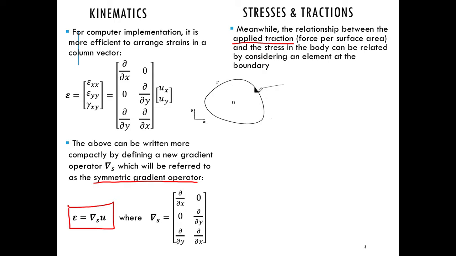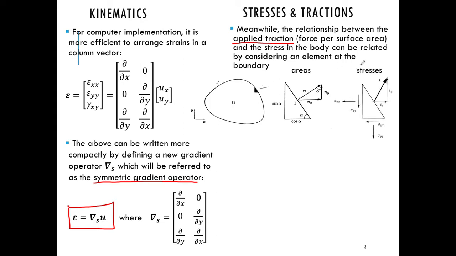Then looking at this boundary element, I'm going to write down first the areas of this infinitesimal element, assuming that I've taken a unit length and this sine of alpha. Then I can resolve what the components are for the normal vector coming out of the boundary at this infinitesimal point. And then next I'm going to write down the stresses acting on this infinitesimal area. So recall that I've just said that I'm applying traction on the surface.